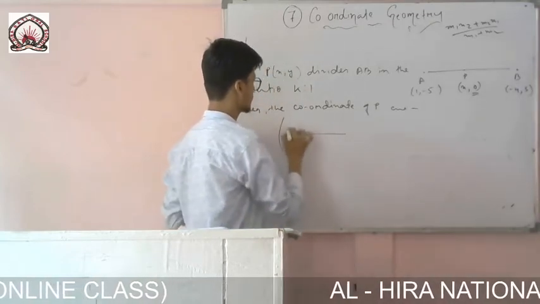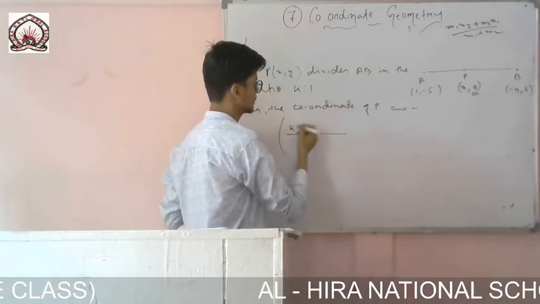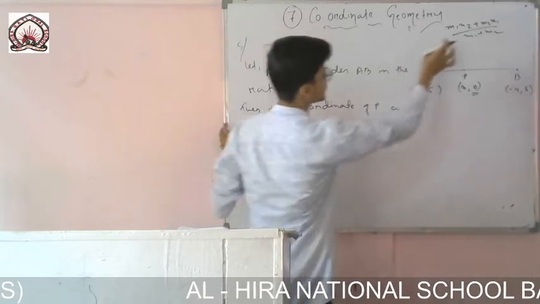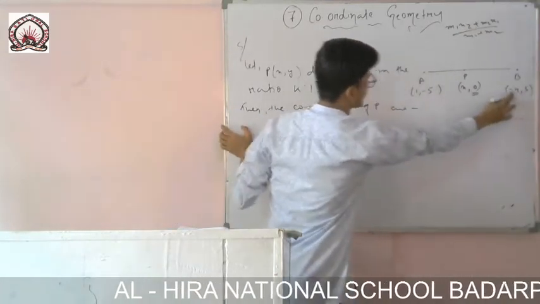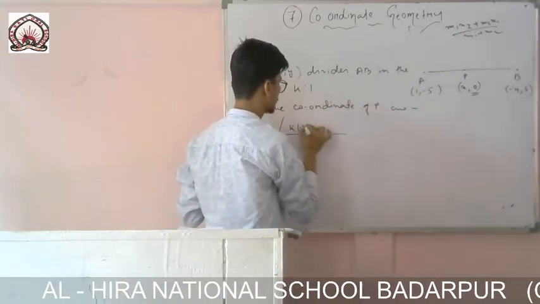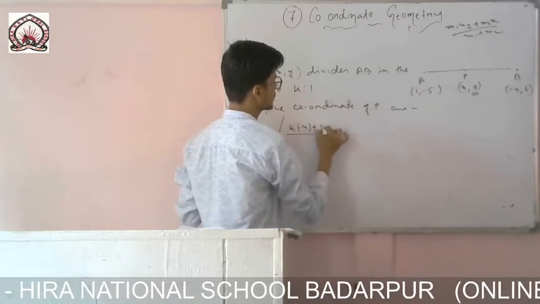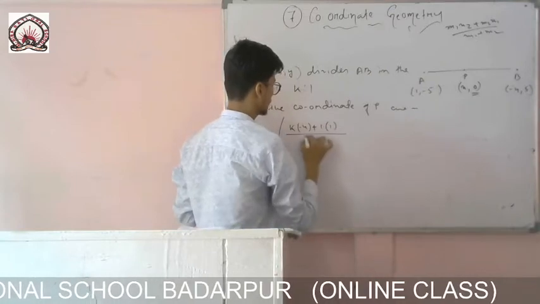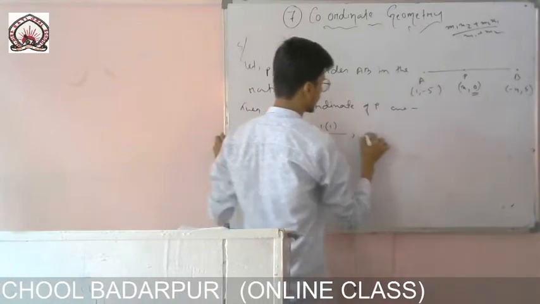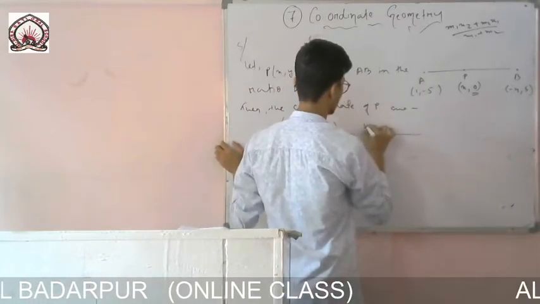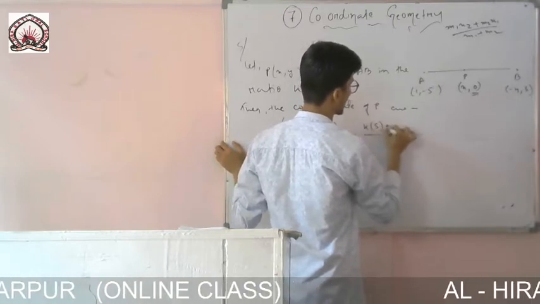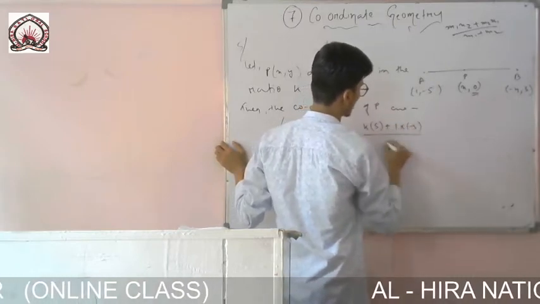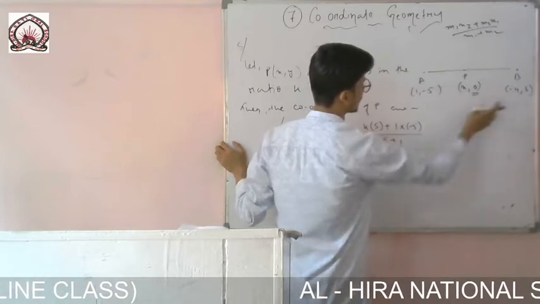So the ratio we have taken is k is to 1, so k and 1, it is k is to x2. So k into minus 4 plus 1 into x1, it will be 1 into 1, divided by k plus 1. And the y coordinate is k into 5 plus 1 into minus 5 by k plus 1.